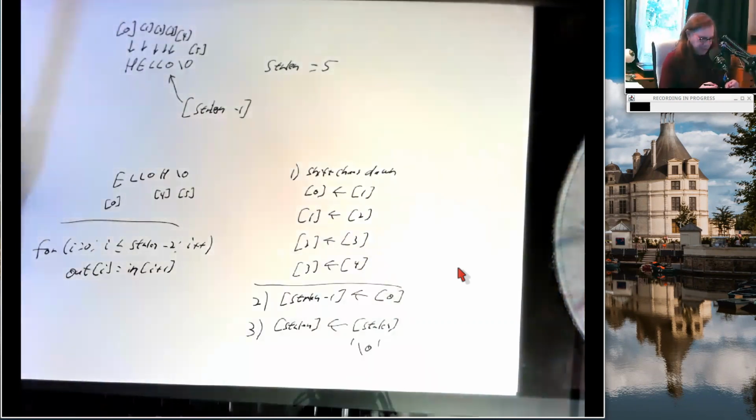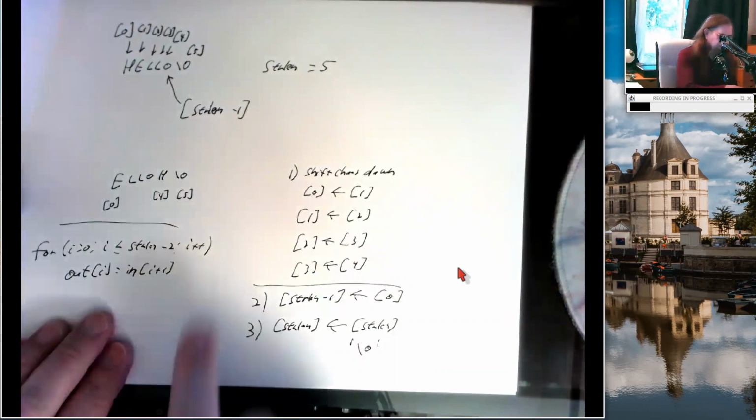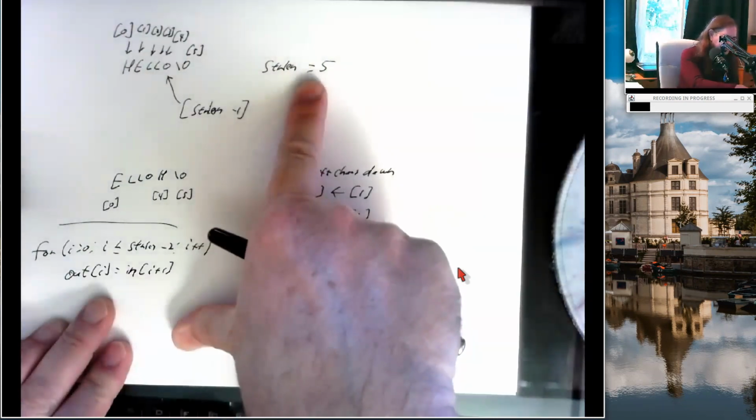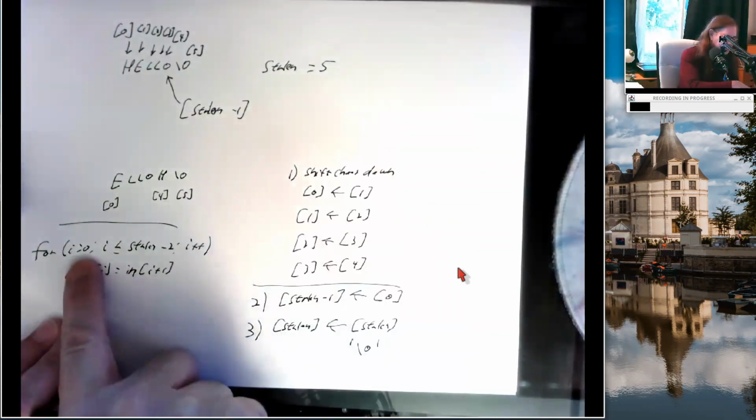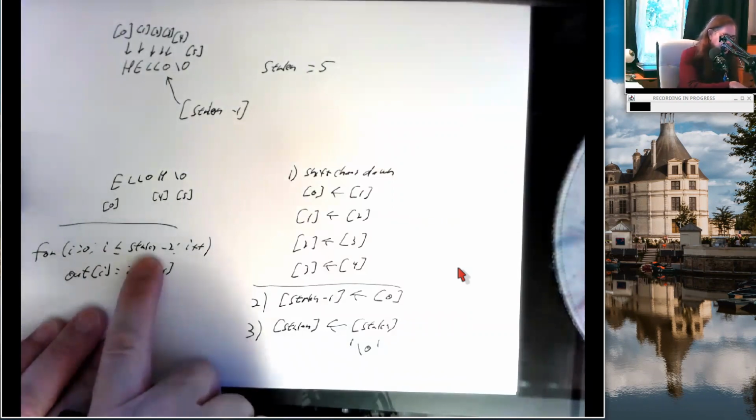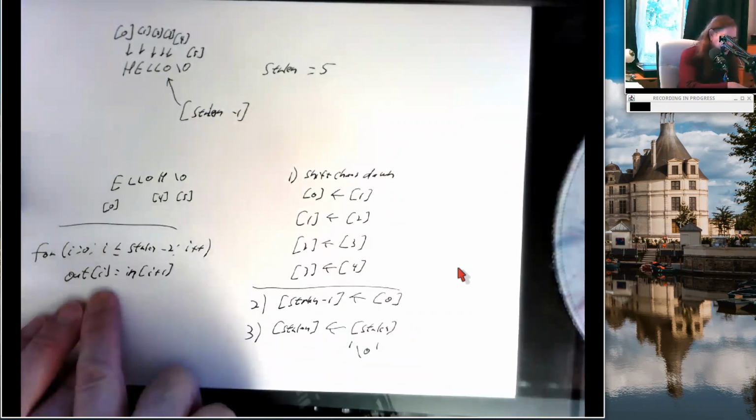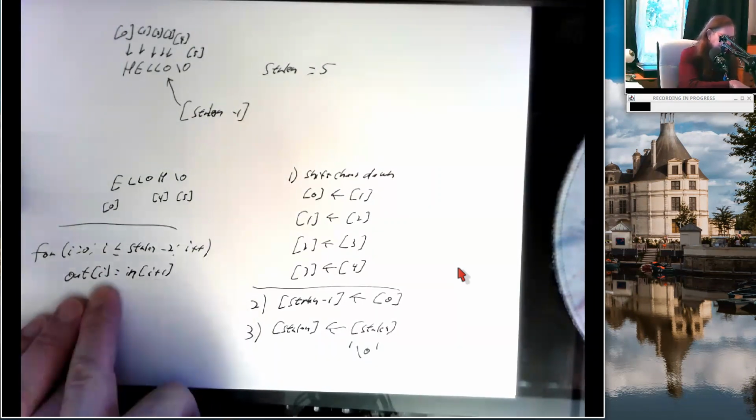All right, so are the bounds here correct? This is a hard question. So look at our example, string length is 5. This would say i starts from 0 and should be less than or equal to 3. And we're going to copy from i plus 1 to i. So the last statement in this loop would copy from 4 into 3.